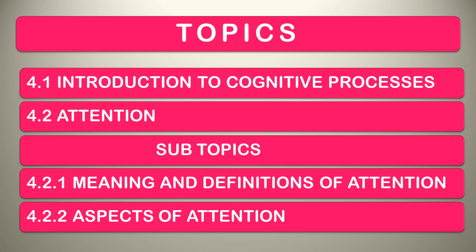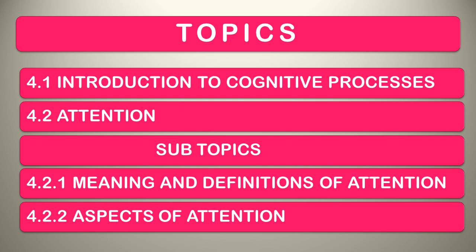The main objective of this chapter is to make the student understand the meaning of attention, perception, thinking and learning, to analyze the various aspects of attention, to associate with the phenomena of perception and to analyze the various stages in the process of problem solving and creative thinking. In today's lecture, we are going to study two topics: 1.